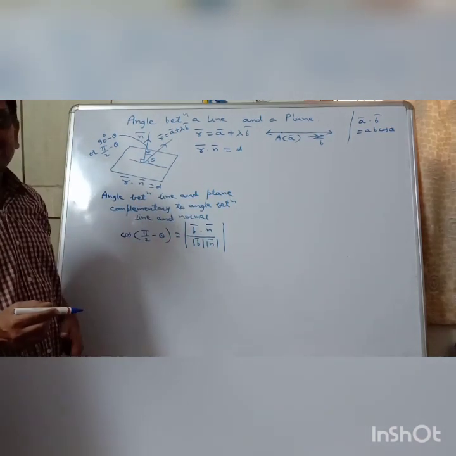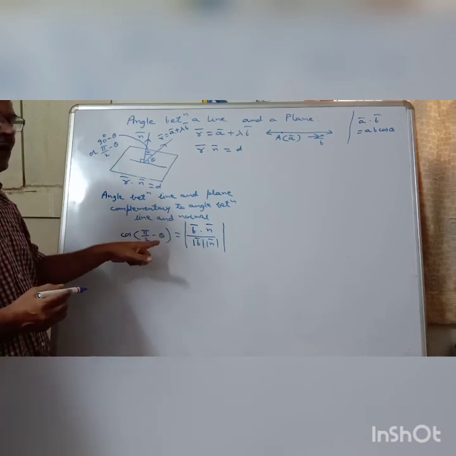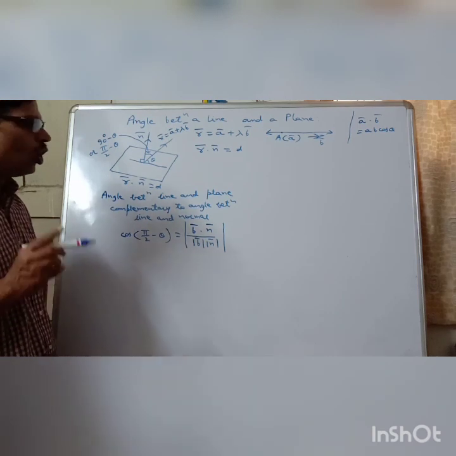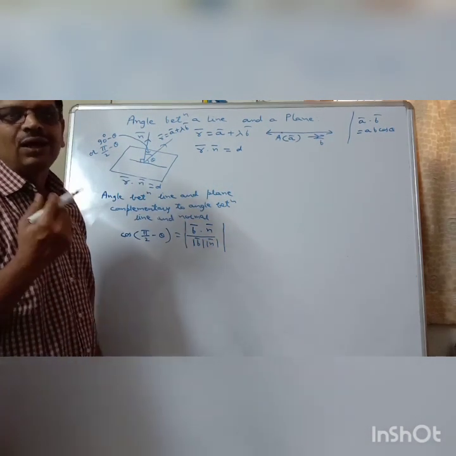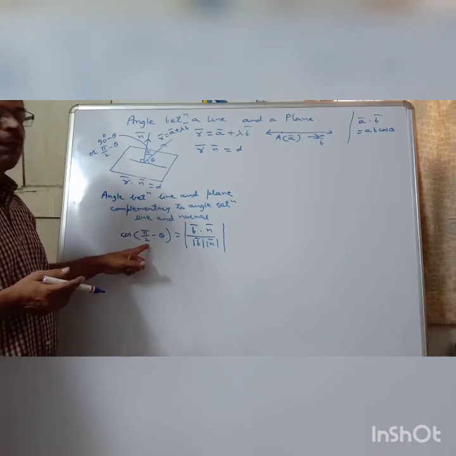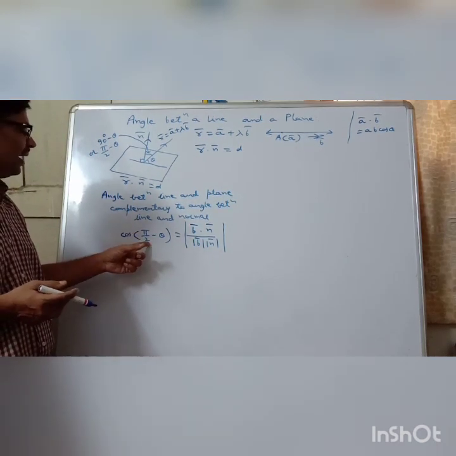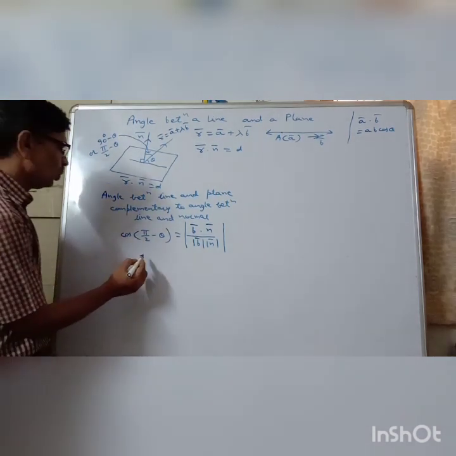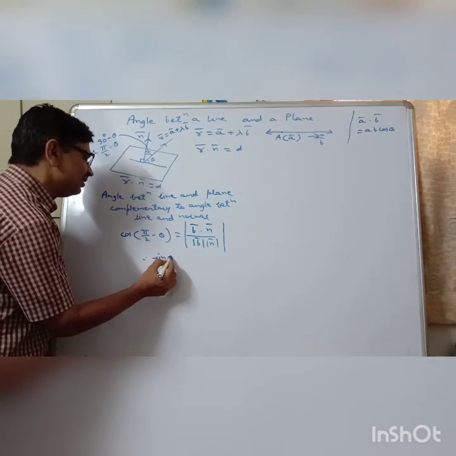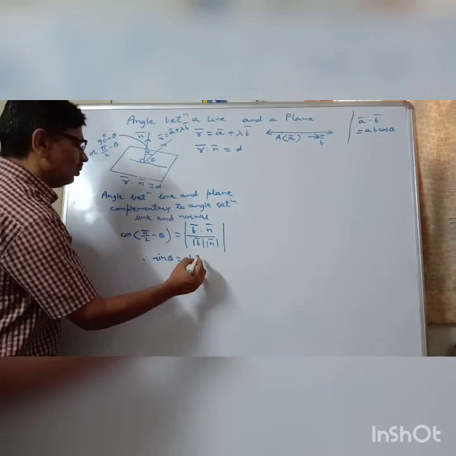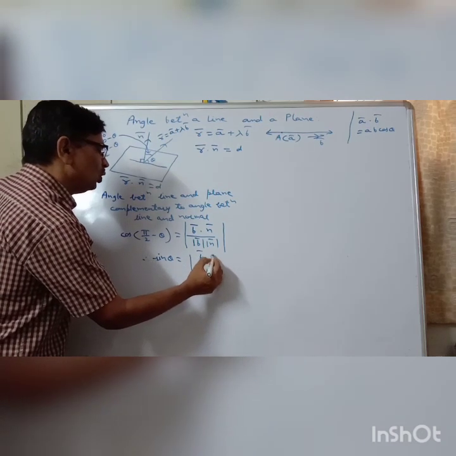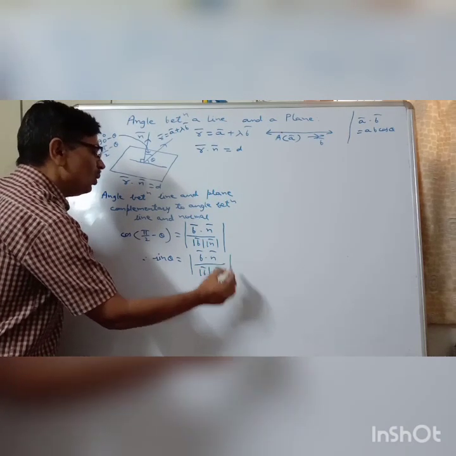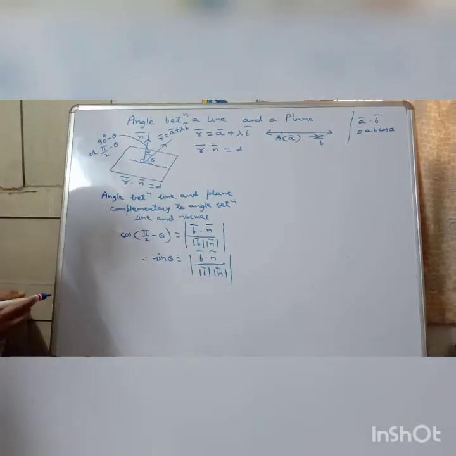Cos pi by 2 minus theta: pi by 2 minus theta is less than pi by 2, in the first quadrant. In the first quadrant, all the trigonometric ratios are positive. And here pi by 2 is there. When pi by 2 is there, the function gets converted into the other, so cos gets converted to sine. So we get sine theta equal to mod b bar dot n bar divided by magnitude of b bar into magnitude of n bar.